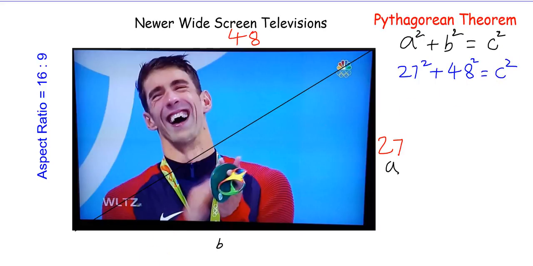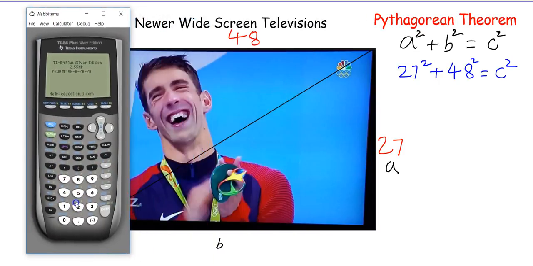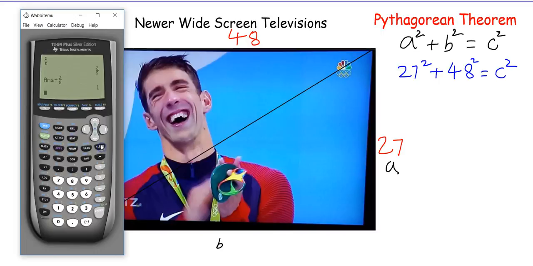Alright, now let me take my calculator. So here I have 27 squared. Type in 27 and square, plus 48 squared, which gives me 3033.